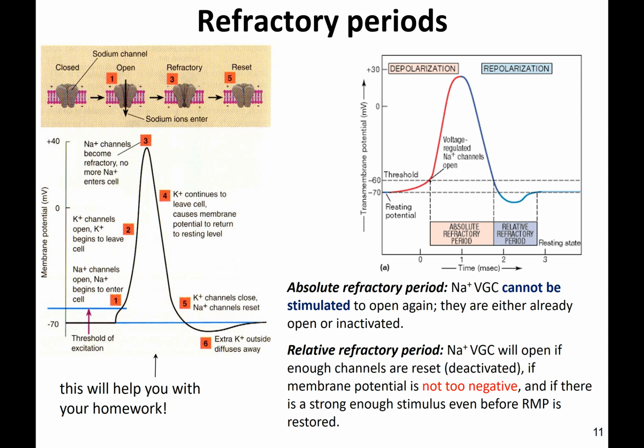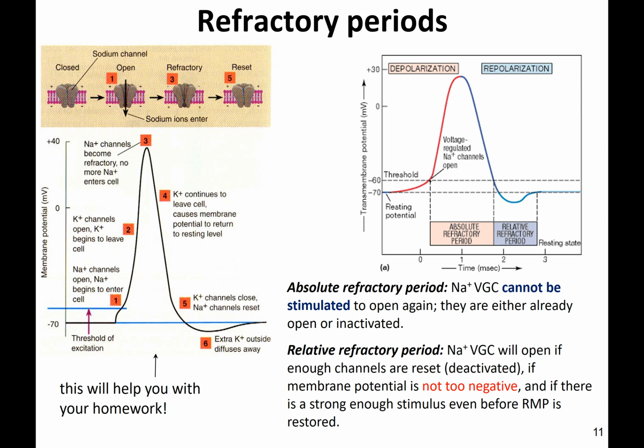So if you look at the picture on the right side, you're seeing a graph, and it shows the absolute refractory period. And that begins with meeting of threshold. So sodium voltage gated channels open. That means activated.